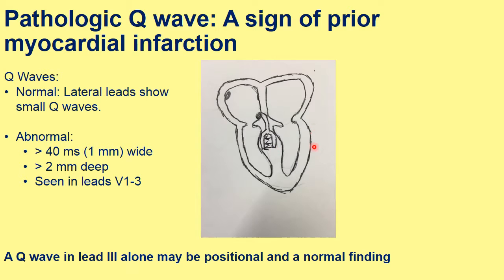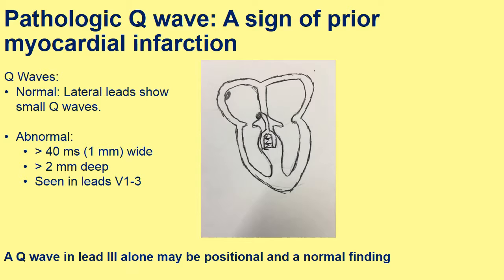The lateral leads, also known as the left ventricular leads, will be picking that up first. So you get a very tiny Q wave, which is normal. So it's normal to see small Q waves in lateral leads. Remember, the lateral leads are lead 1, AVL, V5, and V6. Okay.